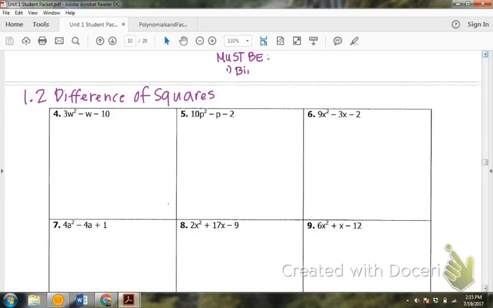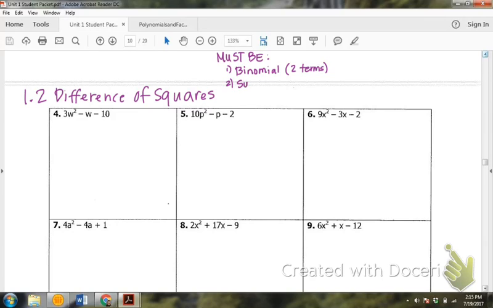What does binomial mean? Does anyone know? Two terms. Okay? It's only two terms. That's a binomial. If you need to make yourself a note there, it's two terms. Second thing, it needs to be a subtraction problem because that's the word difference.